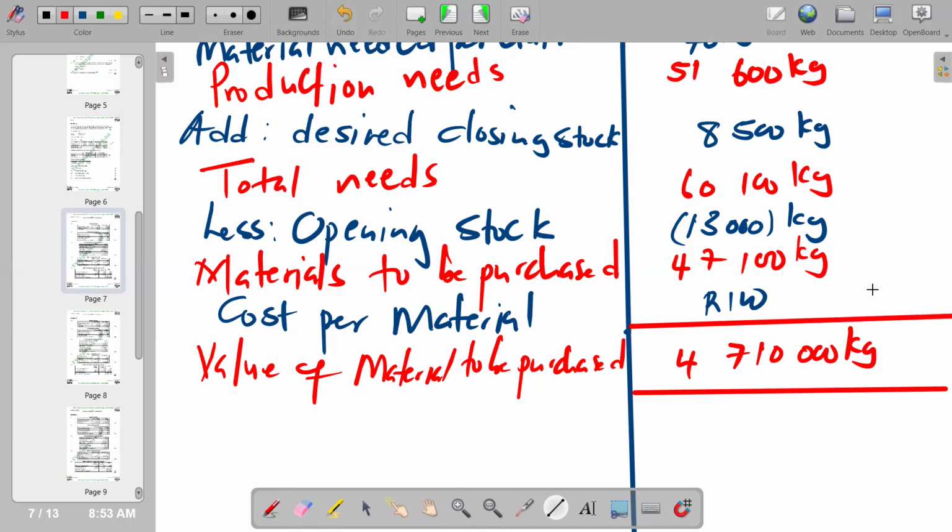So this becomes the last part of the raw materials budget for the sponge.